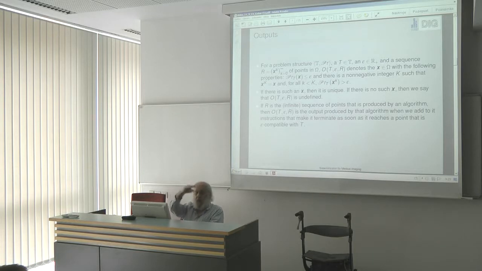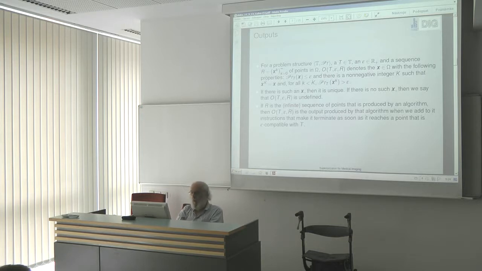And the first time you hit a vector whose proximity is less than or equal to epsilon, you call that the epsilon output. So given an epsilon, you get an output, maybe. Because of course it could happen that you get an infinite sequence where you never get below epsilon.